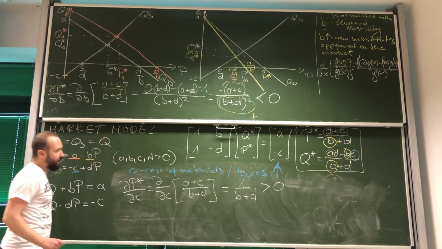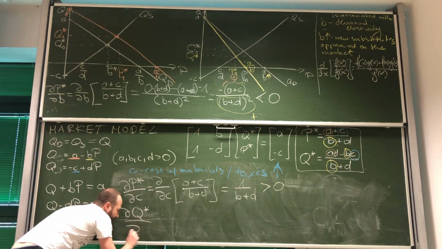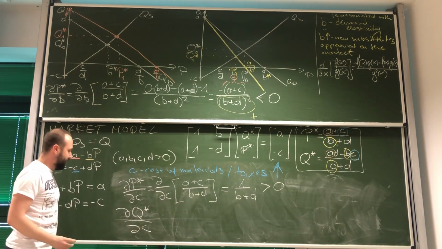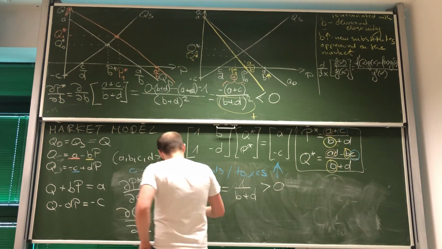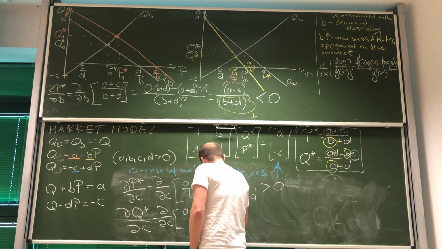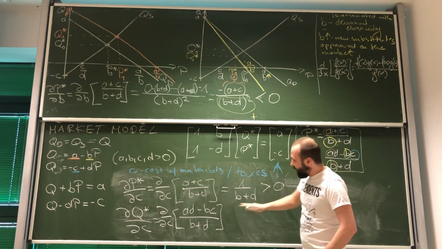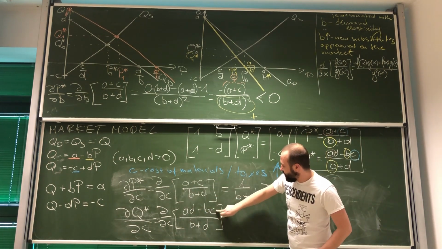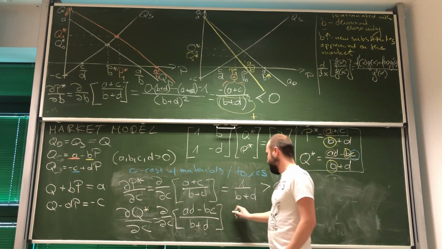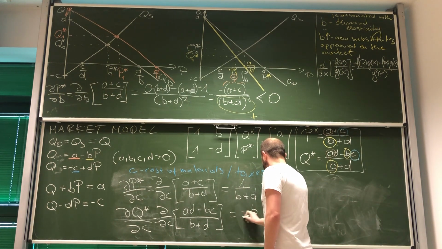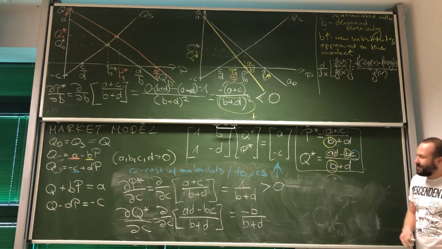Then we do the same trick, but now we differentiate quantity with respect to C. So we've got (AB minus BC) over (B plus D), and this part is going to be gone. The coefficient on C here is negative B, of course divided by B plus D. So we've got negative B over B plus D. Again, we see that this expression is clearly negative.